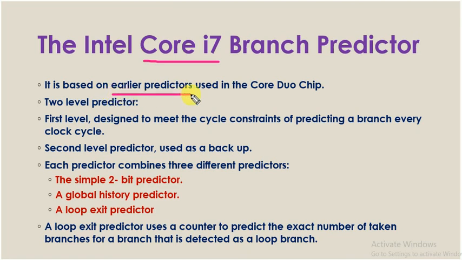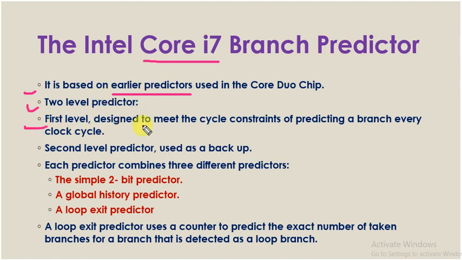It follows the earlier 2-bit mechanism and other predictor mechanisms. The Core i7 system uses a 2-level predictor. That's what I was mentioning here.